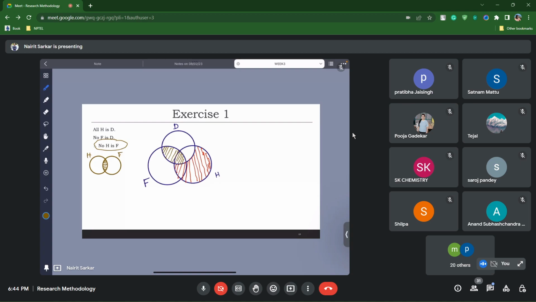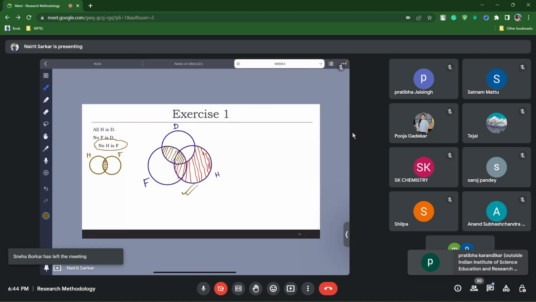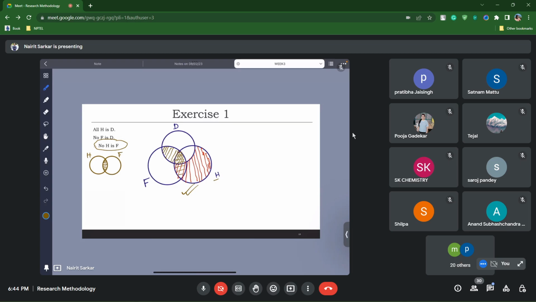Here between H and F, it is already shaded, right?